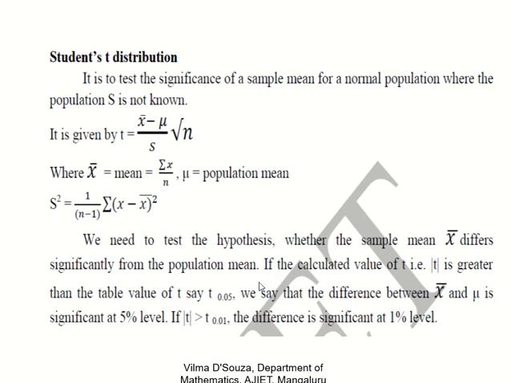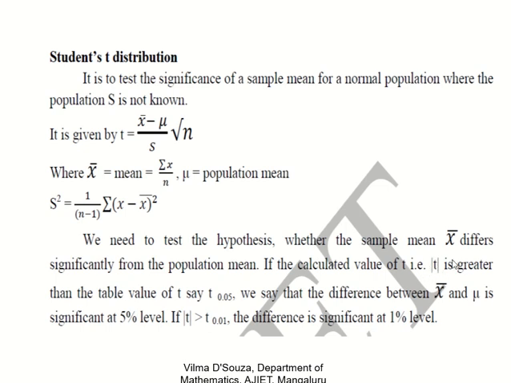So how do you make the conclusion? If the calculated value of t is greater than the table value of t, say t of 0.05, as I told you in the previous test, you can also take mod t instead of t.